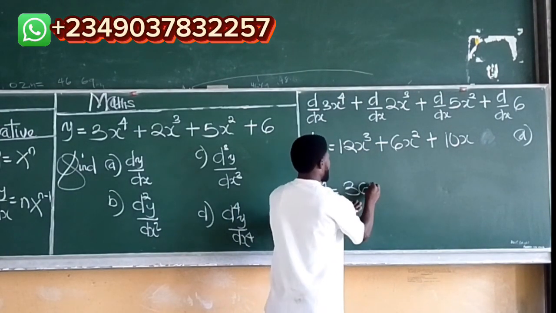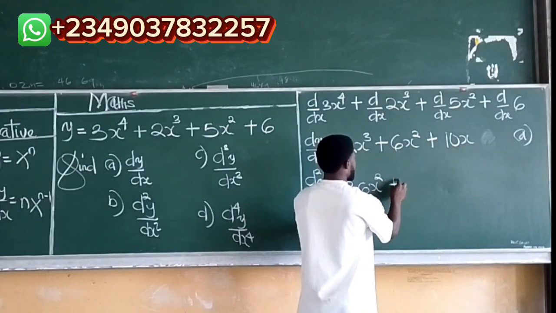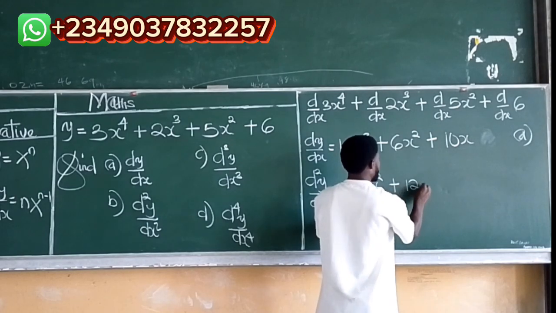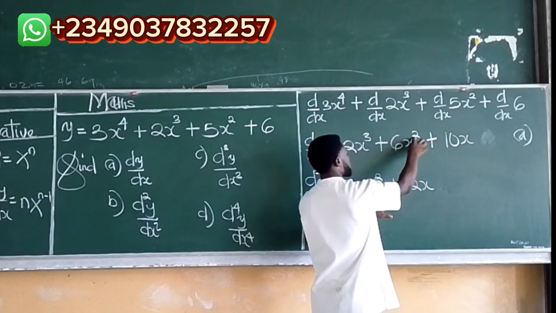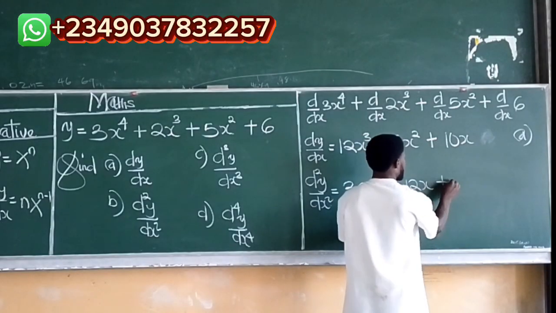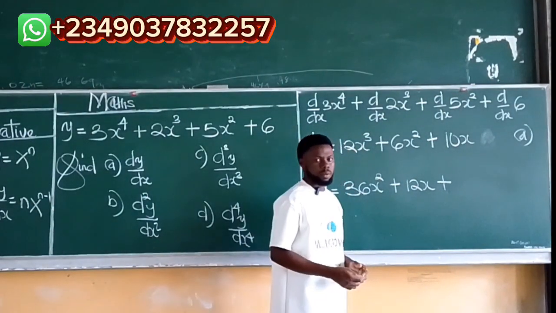Subtract 1 from the power, x raised to the power of 2, plus 2 times 6 is 12, x raised to the power of, subtract 1, it becomes 1, plus 10x. The derivative of 10x becomes 10.